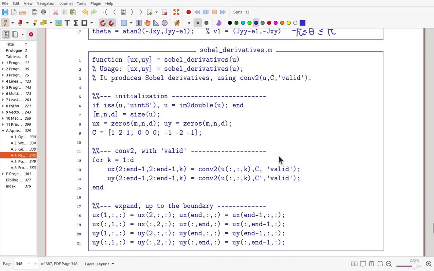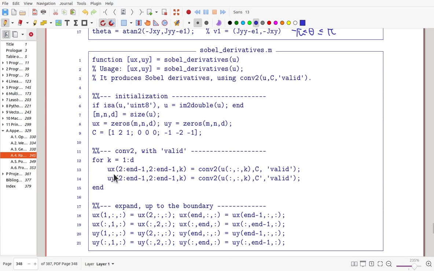Now, how about Sobel derivatives? For image, once it comes, if it is not in double precision, then we change it into double, and here we define the kernel, and that is for the vertical convolution, the Sobel derivative, and it is used for now vertical derivative.